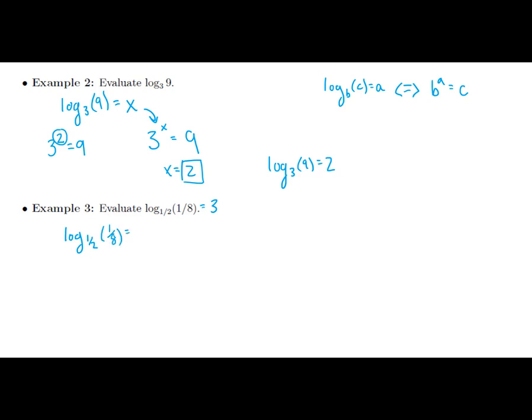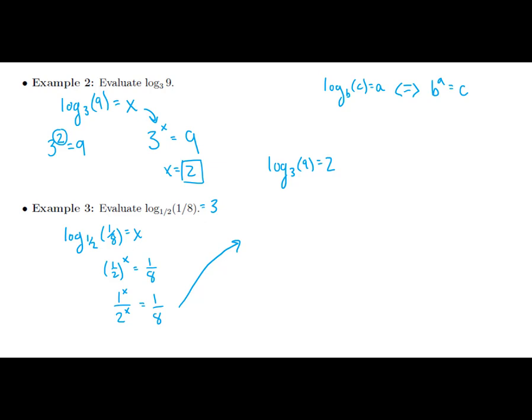just set it equal to x and say to yourself, all right, the base becomes the base of my exponent. What the logarithm is equal to becomes my exponent, and that's going to be equal to 1/8. All right, so here I can say 1 to the x over 2 to the x, just distributing my exponent through, is equal to 1 over 8.